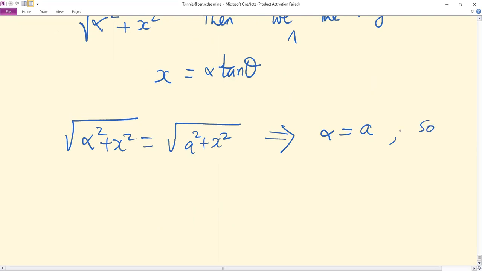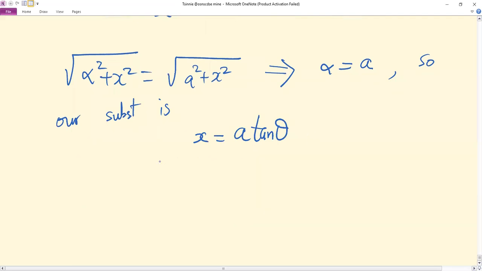So our substitution is x equals a tan of theta. And from this, tan theta alone will be given by dividing through by a: x over a.